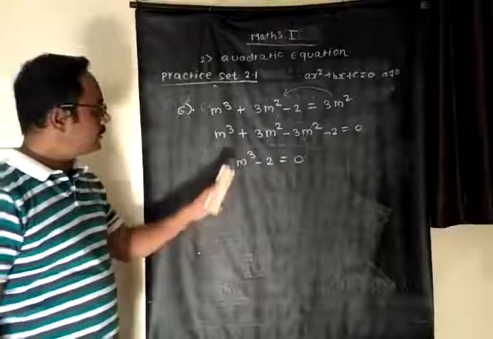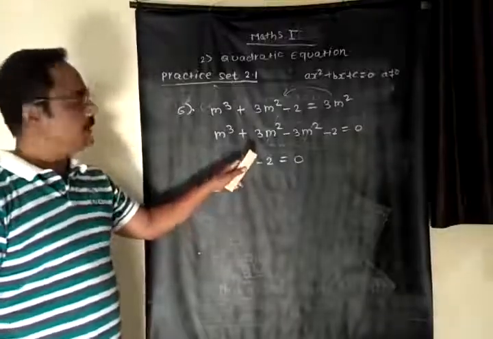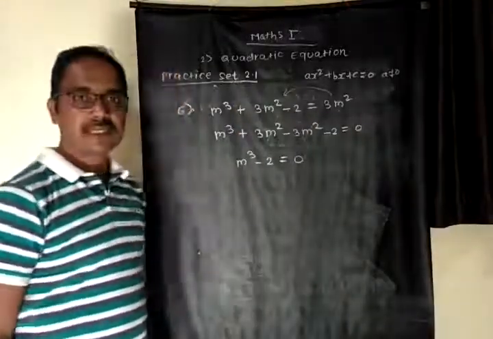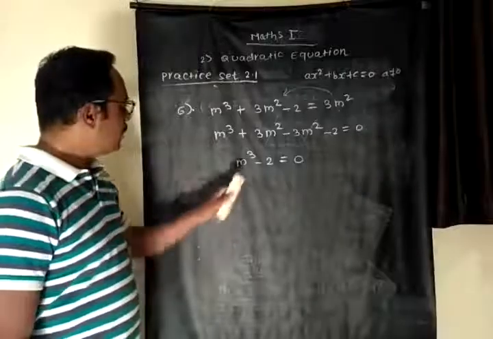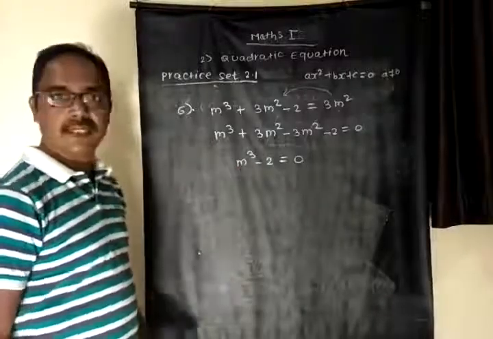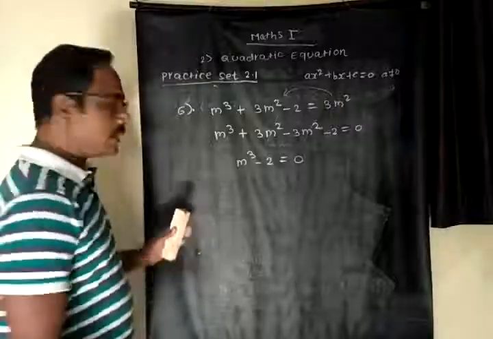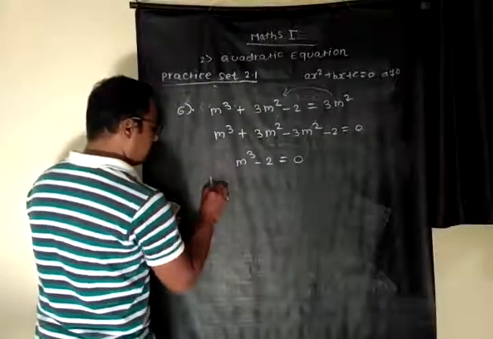Now look here, the highest index is 3. And in a quadratic equation, the highest index is always 2. Here we get the highest index as 3.